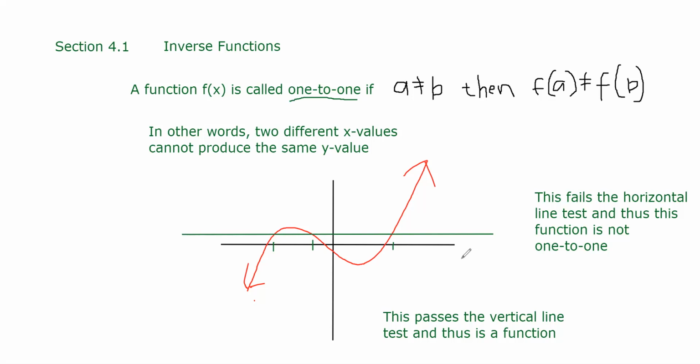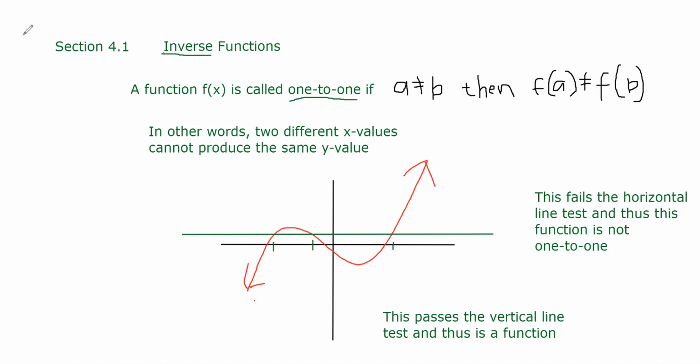Why do we care about things being one-to-one? Well, what we really care about is the fact that when something's one-to-one, it's going to have what we call an inverse. It's going to be invertible, in other words. And so that's kind of what we want.